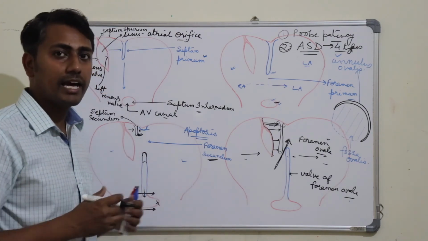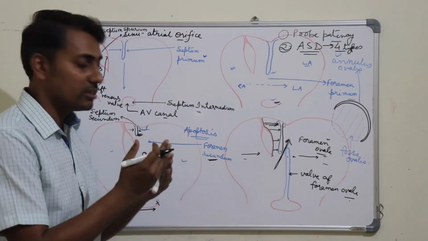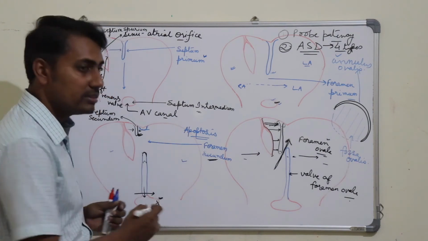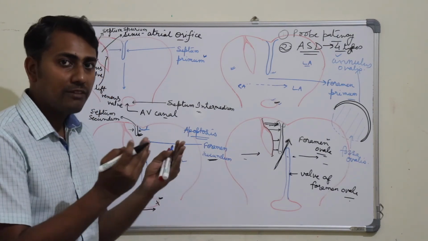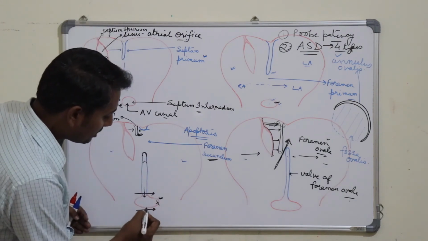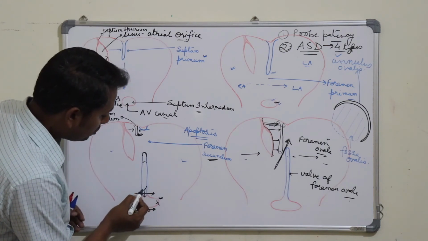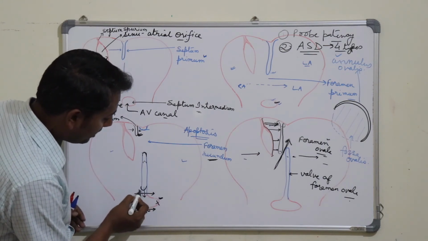There can be another type of endocardial cushion defect in which there is a partial fusion of this endocardial cushion, in which the membranous part of the interventricular septum has formed, but the septum primum has not fused with the endocardial cushion.